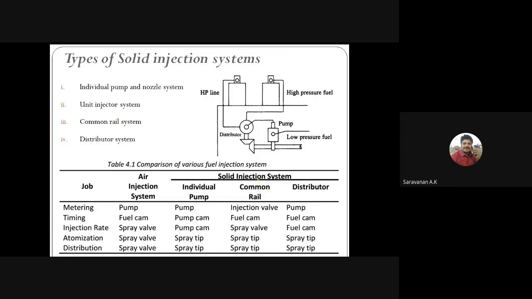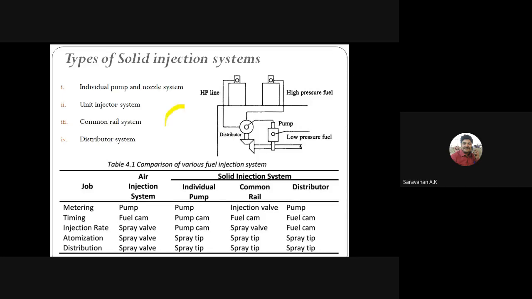And we have a distributor, right? The fuel comes to the rotor, which is a rotating device. It is supplied to the rotor, and the rotor rotates, and the distributor has different outlets, right? Those different outlets will be connected to the injection pump of each injector, right?